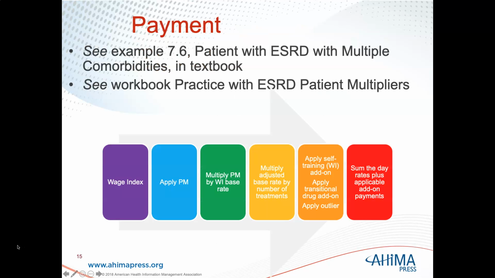So how do you calculate payment? Well, you have your wage index, you apply your payment modifiers, you multiply the patient modifier by the wage index base rate, then you multiply the adjusted base rate by the number of treatments, you apply the self-training add-on if it applies, you apply the transitional drug add-on if that applies, then you apply an outlier if that applies, you sum the day rates plus the applicable add-on payments, and there you go.